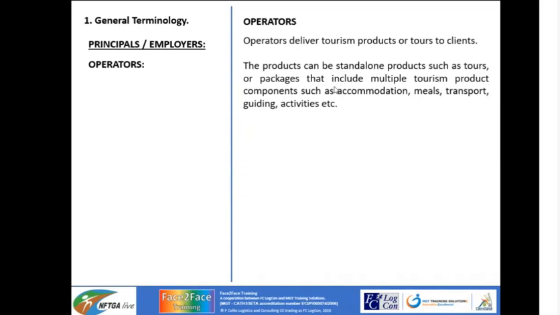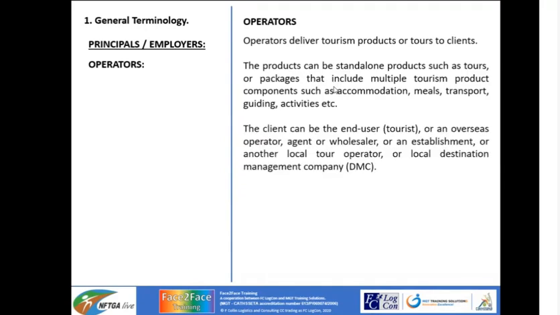And so what are operators? Operators are the people that deliver the tourism product to the client. The product can be a standalone product such as a tour, or it can be a packaged product. And you guys all know what a package is. That includes all sorts of things. It includes transport, accommodation, meals, the guide.